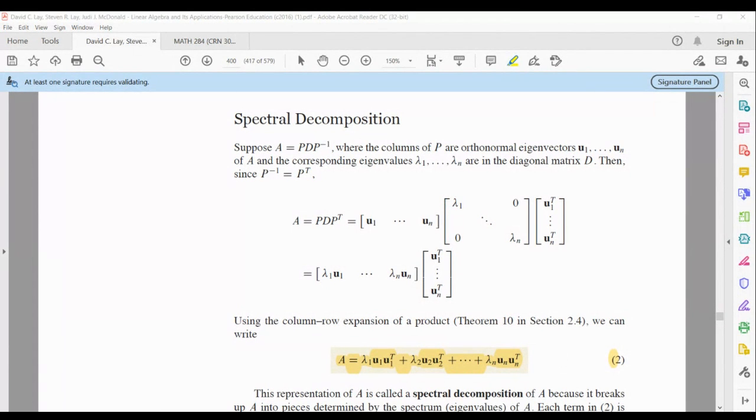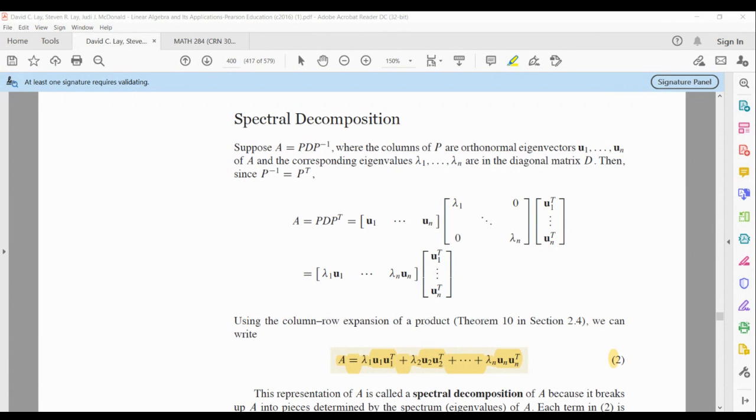If you have a symmetric matrix A, and it equals P times D times P transpose, you can write that in terms of the expression in formula 2 there. The matrix A will equal lambda 1 times U1 times U1 transpose plus lambda 2 times U2 times U2 transpose.